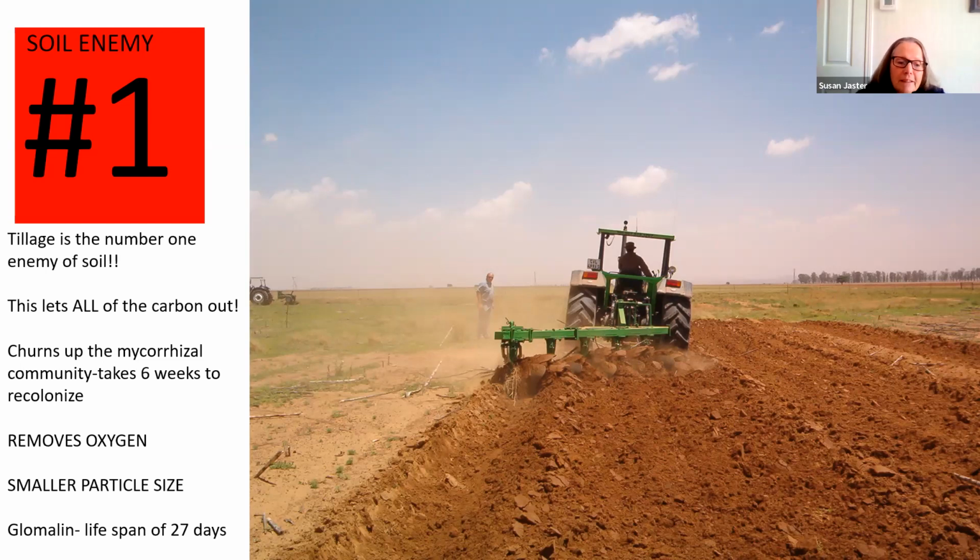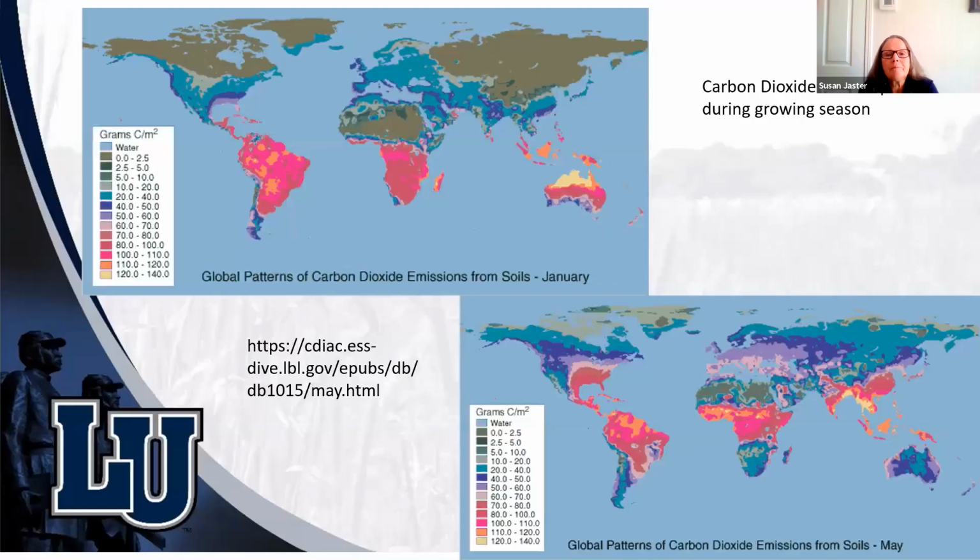So basically, when you churn up all those roots, you're killing off your glomalin supply, which is what feeds the mycorrhizae and helps keep all the bacteria and other fungi in balance. And you don't have any oxygen here. So that's the tough part about heavy tillage.